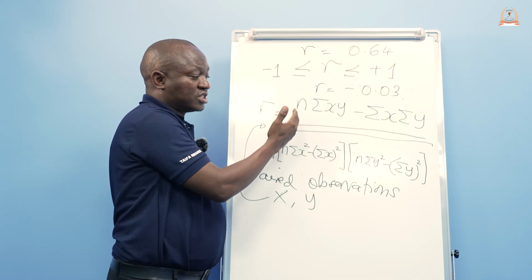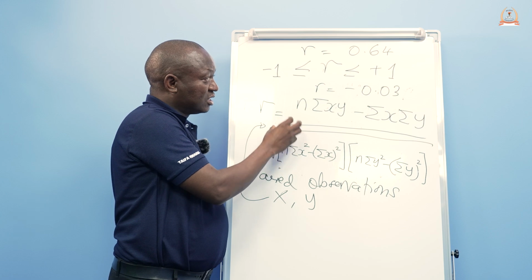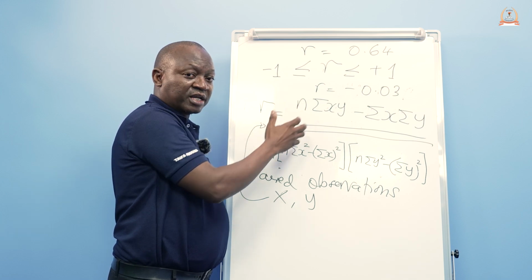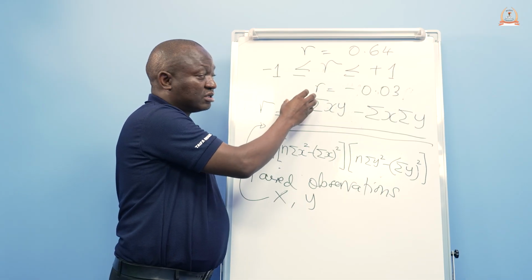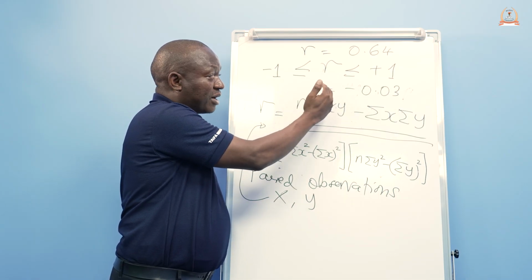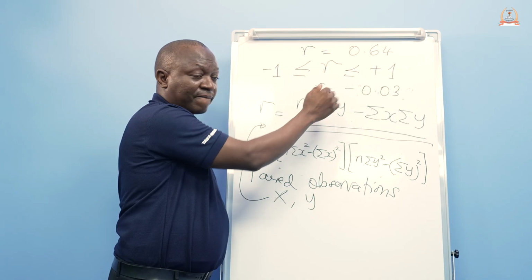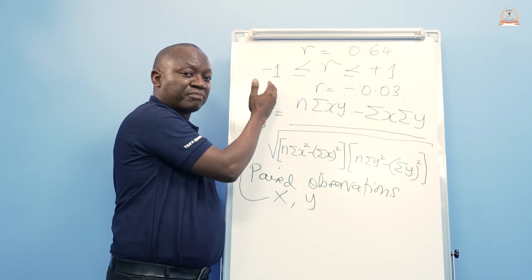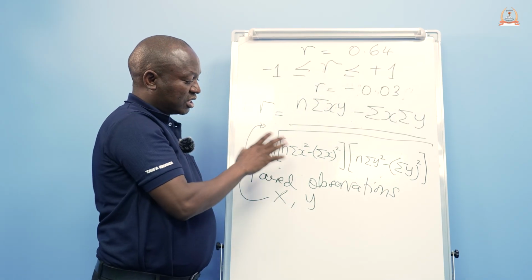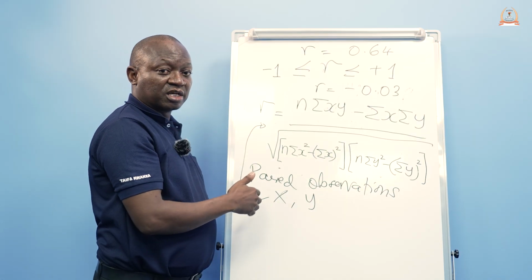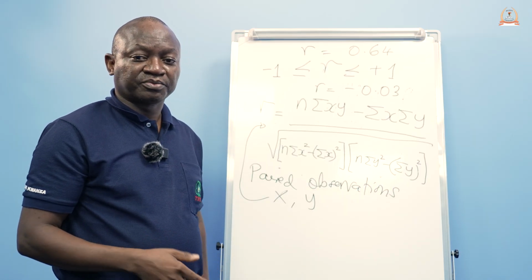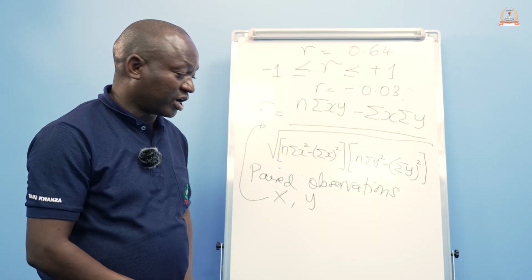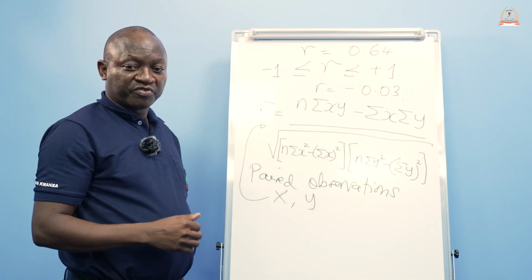So you see the values may now be interpreted based on the magnitude and how they depart from 0 towards 1 and how they depart from 0 towards -1. So that's how we can at least interpret our value of the correlation coefficient.